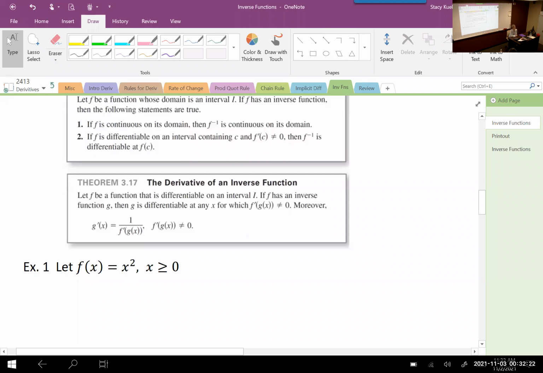So instead, I'm only going to look at the section of it that's going to have the positive x values, okay? So we're looking at that portion of the function right there. That's going to be f.